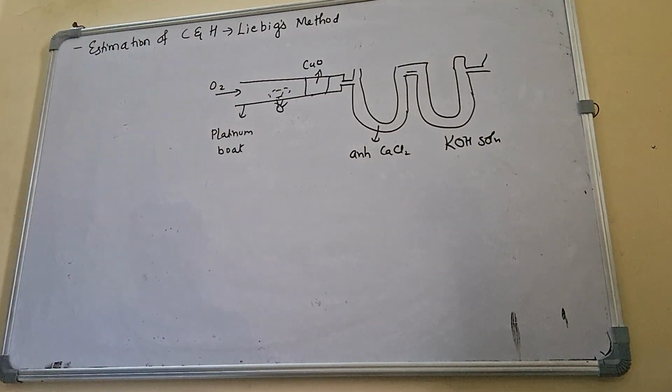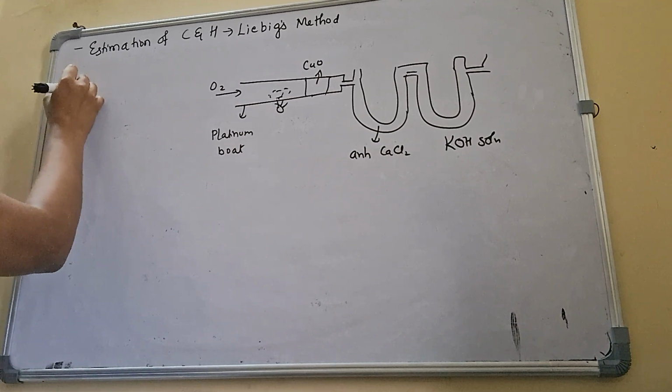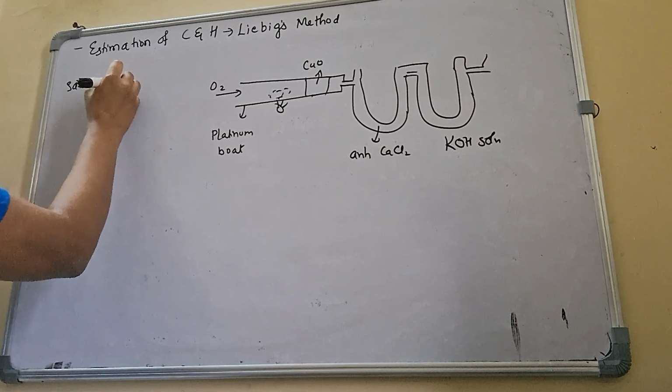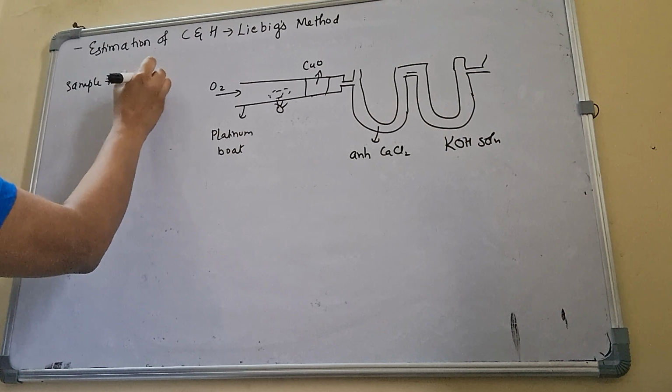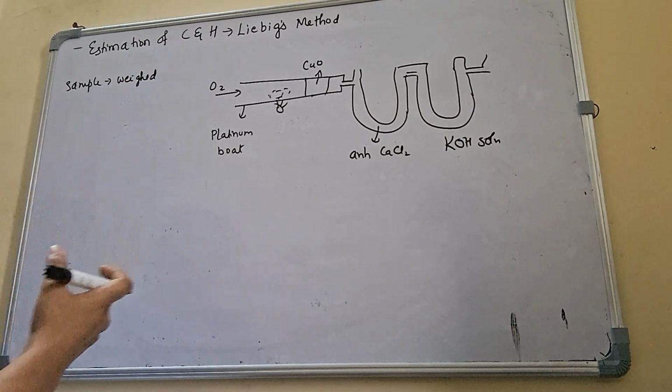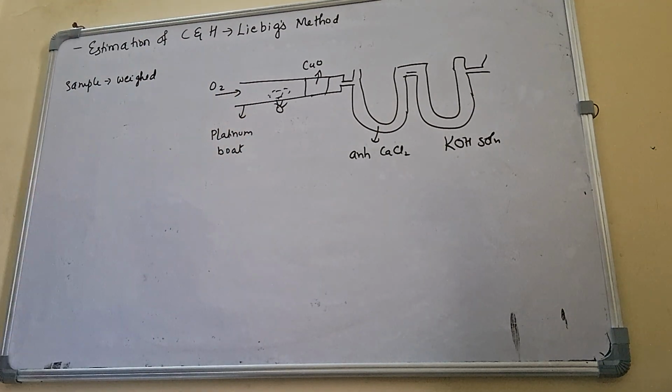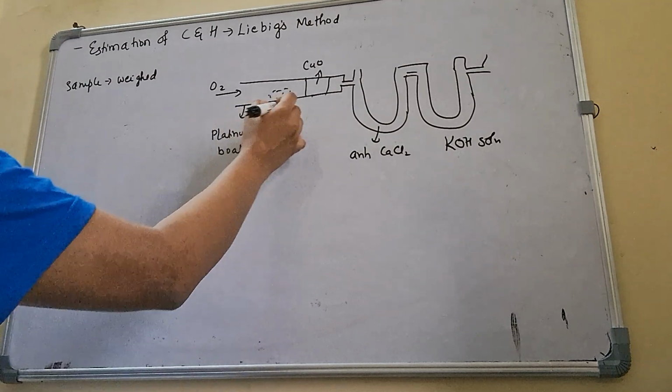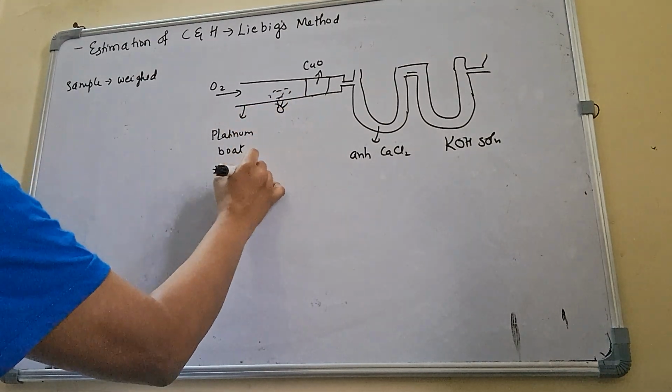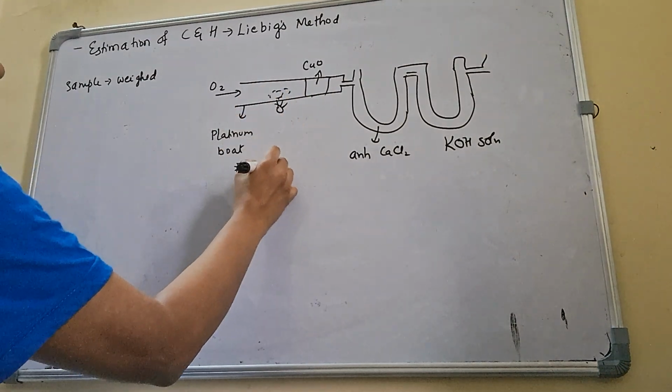So you take the sample of organic compound. So the sample is weighed. You know the exact weight of it. It is weighed accurately. Whatever it is, 10 grams, 15 grams. Alright, and then it is placed in a platinum boat in the combustion tube. This is what we call as the combustion tube, wherein you can carry out combustion.